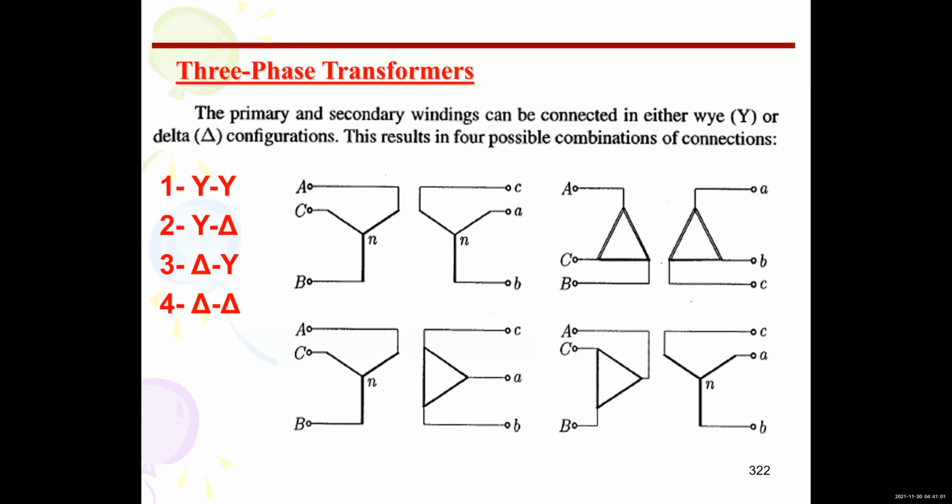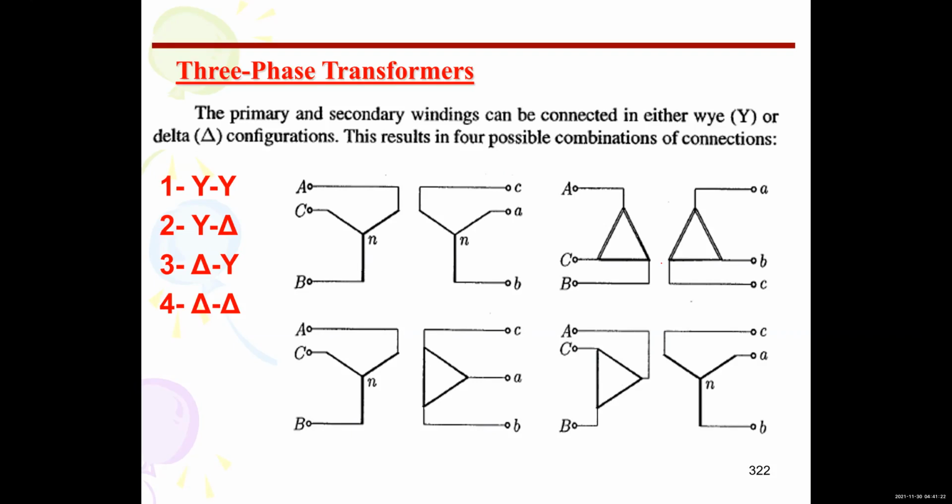As we did in the past, when we worked on three-phase systems, if you remember, we had Y connection and delta connection. So for three-phase transformers, the primary side could be Y or delta connected, and the secondary side could be Y or delta connected.